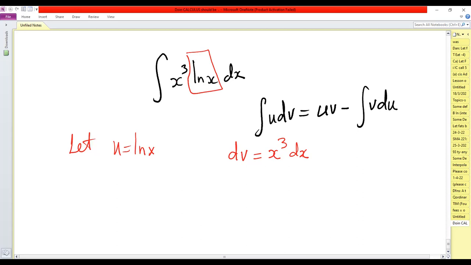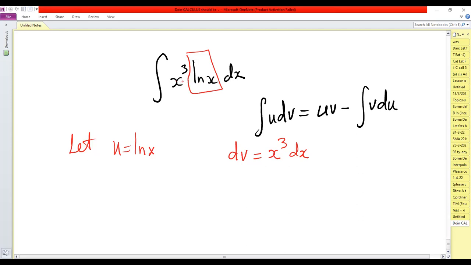Remember, an integration problem is a little bit more involving than a differentiation problem. So once we know that we can't get the integral of ln easily as compared to x power 3, then picking x power 3 to be dv is the best choice.